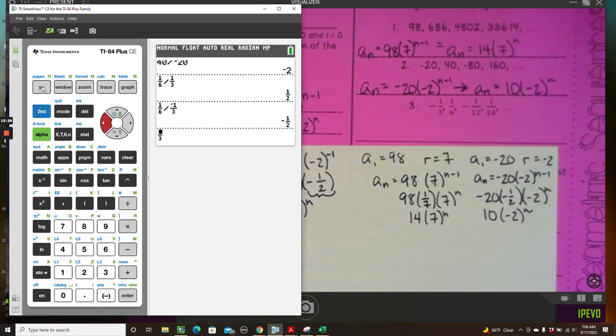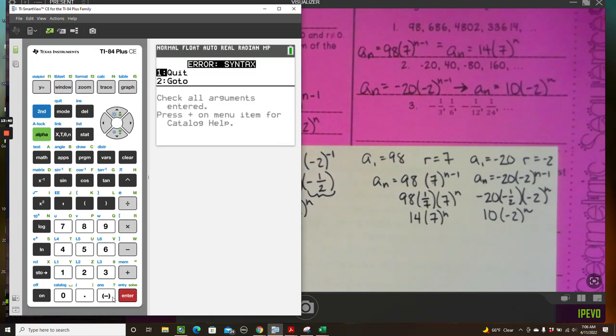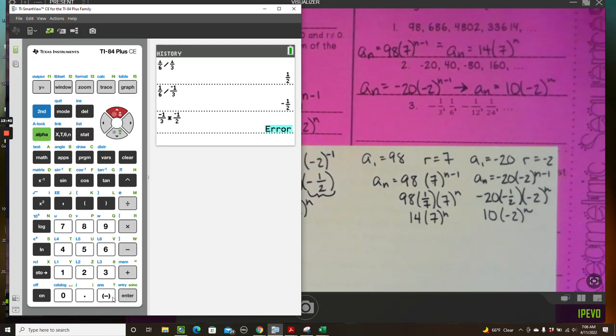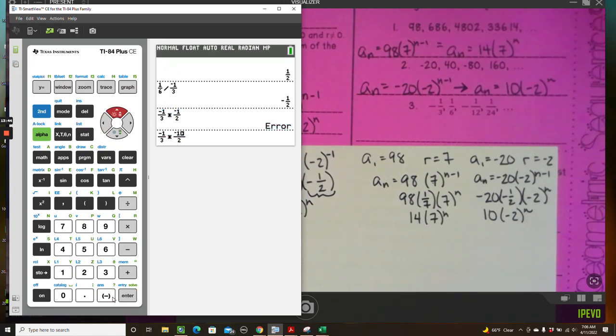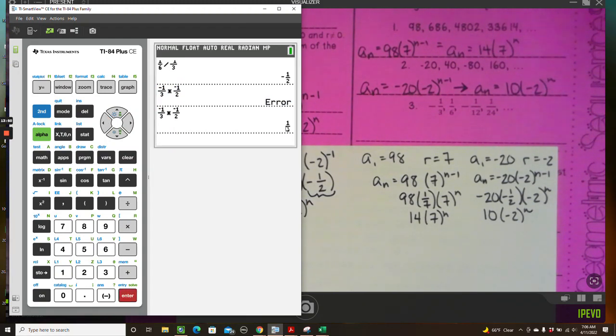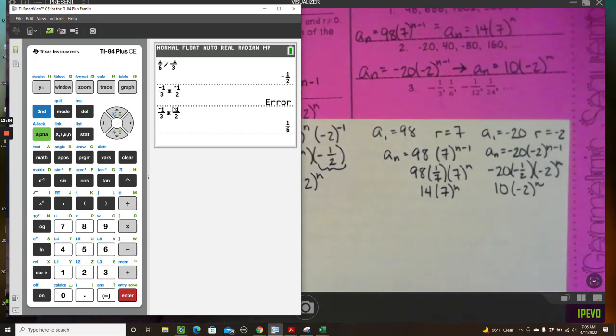Negative 1/3, keep doing that, times negative 1/2. I don't know if y'all saw what I did. I used the subtraction sign instead of the negative. Is 1/6. So we know our R value is negative 1/2.